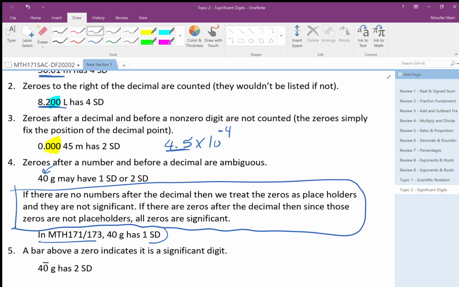If I have a decimal, for example, and I have this 4 5, if there are no numbers after the decimal, then we treat the zeros as placeholders and they are not significant.